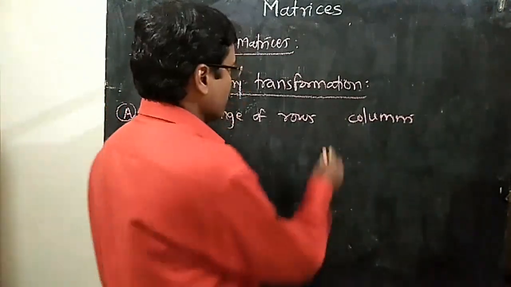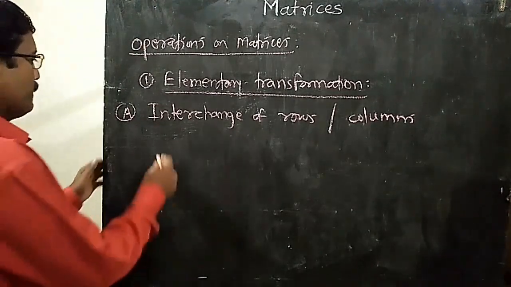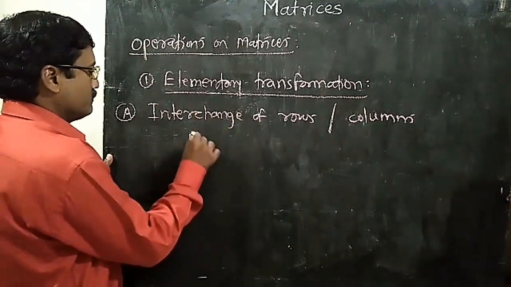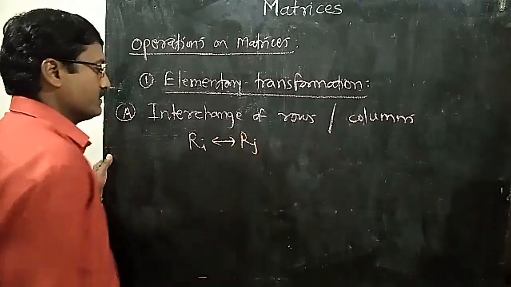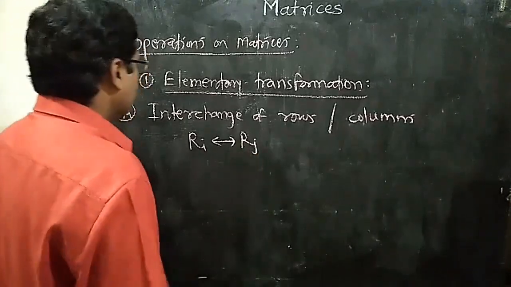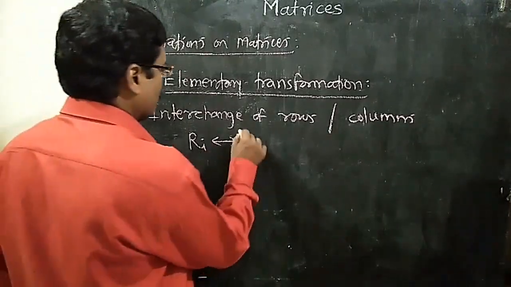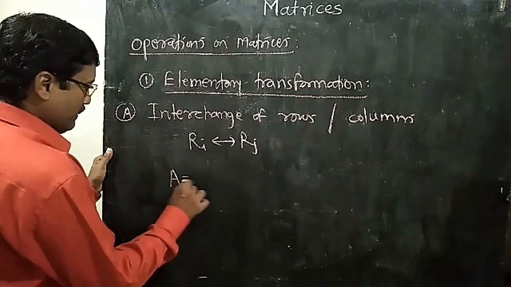It is represented by the symbol Ri interchange Rj, where i and j are nothing but the row numbers.